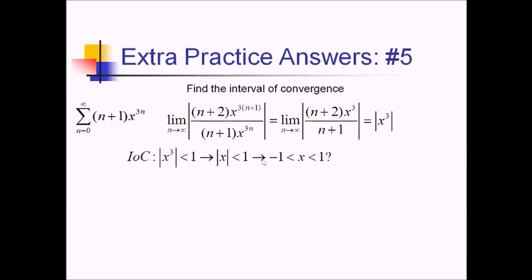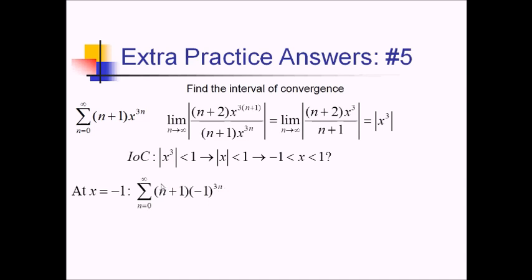So testing out the endpoint at x equals negative 1 first. If I plug negative 1 in here for x, then this is going to be negative 1 to the 3n, which is essentially going to be alternating back and forth depending on whether n is even or odd.